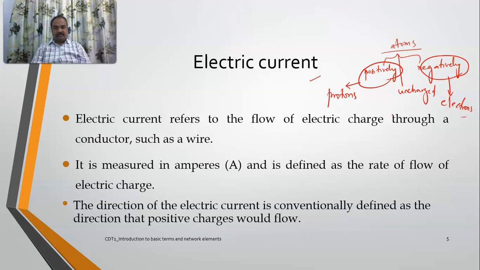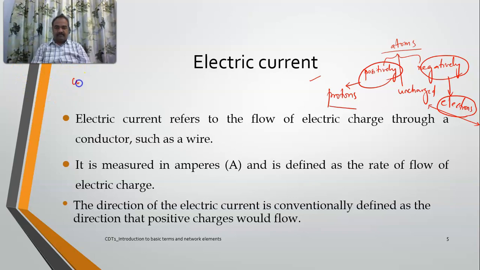You might have studied in your plus 2 that the electrons are a little bit free particles when compared to the protons, and they will be moving from one place to another place under external forces. So, whenever there is a flow of electric charge, then it is referred to as current.